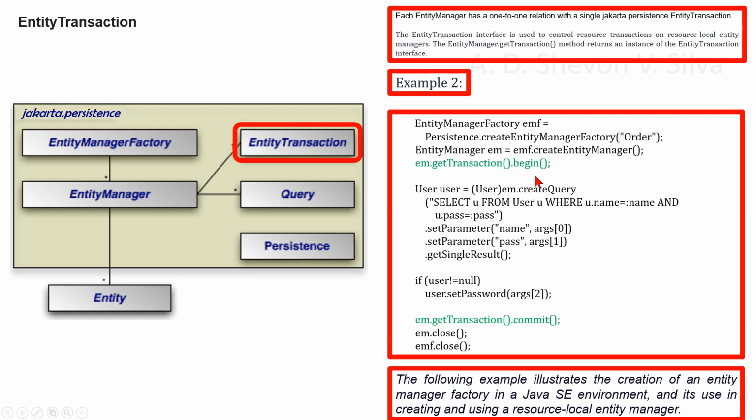This starts a resource transaction. Here you can see a commit method. Commit the current resource transaction, writing any unflushed changes to the database.